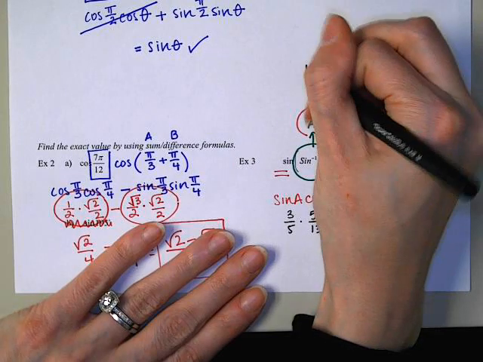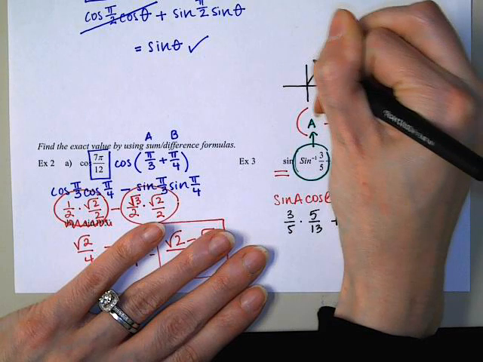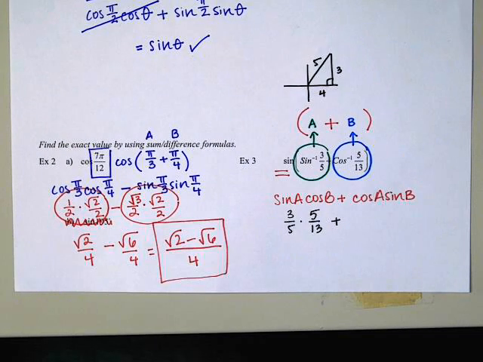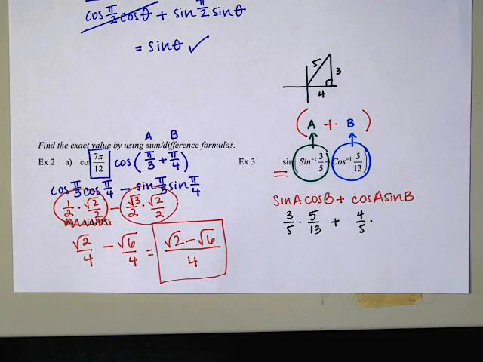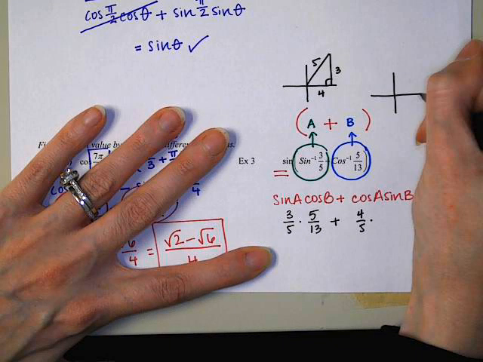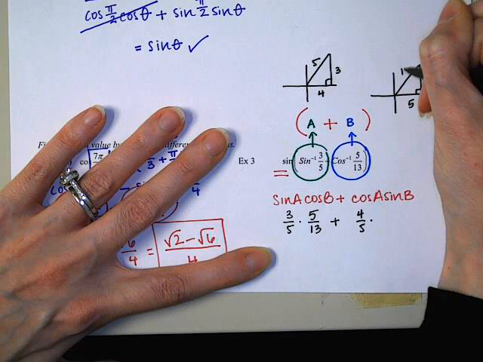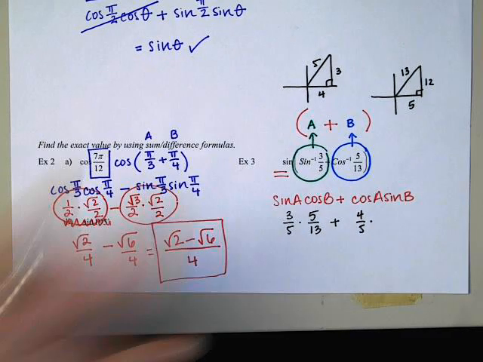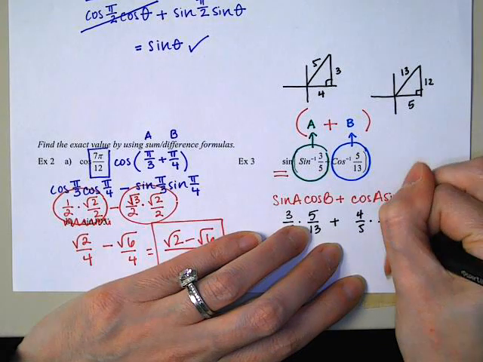Well, if you do a little triangle drawing, and if sine is 3/5, then Pythagorean triple will give us cosine to be 4/5. And then sine of B, we could do the same thing. If cosine is 5/13, then Pythagorean triple will give us sine to be 12/13.